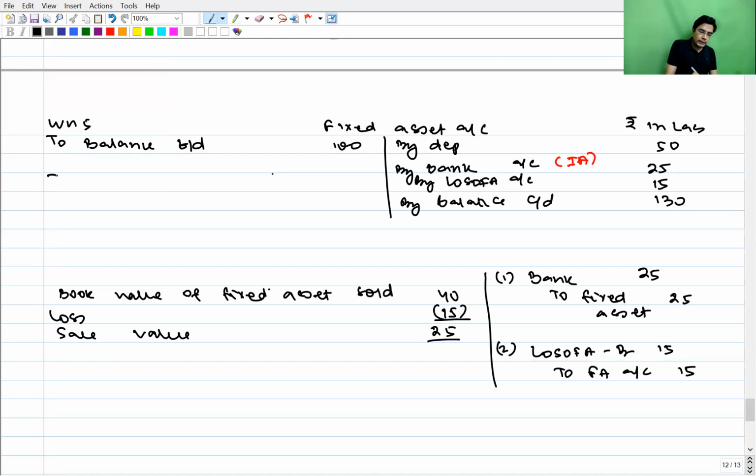And the balancing figure of this account is coming on the debit side, which will represent purchase of fixed asset. And that balance figure would come to, I guess, 120. Yes, 120. This is a balancing figure and it will also come in investing activity, but as a cash outflow.